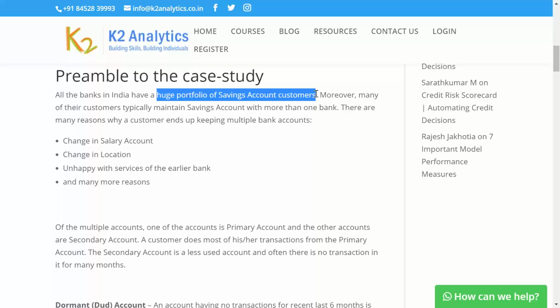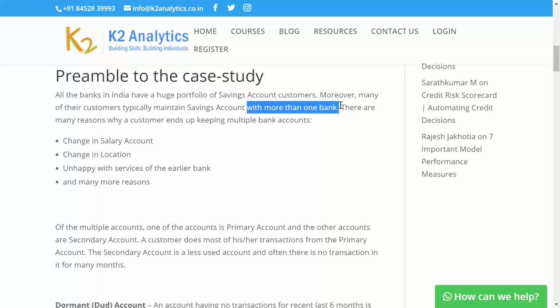However, it is not necessary that all of us need a loan. If we don't require a loan, the loan account will not be there. As such, the biggest customer base you can understand is the savings account customer base. Now, many of these savings account customers typically have a relationship with more than one bank.